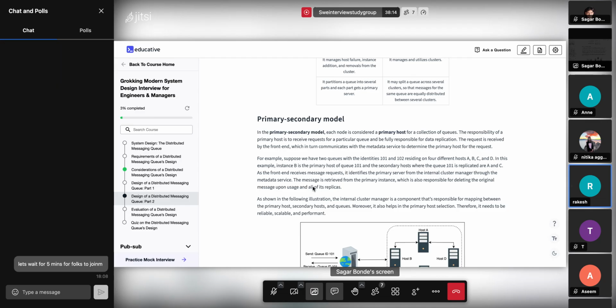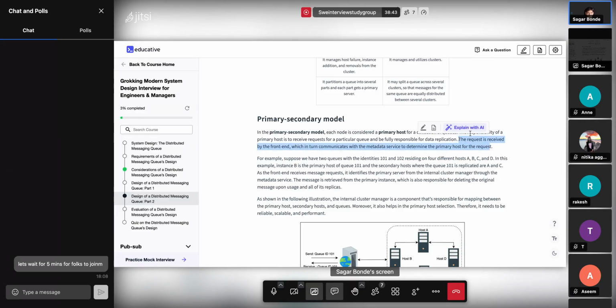So for example, suppose we have two queues with the identities 101, 102. Can we go up so that we can parallelly check the picture as well? Before going forward, this is the line I wanted to highlight. The request is received by the front end, which in turn communicates with the metadata service to determine the primary host of the request.